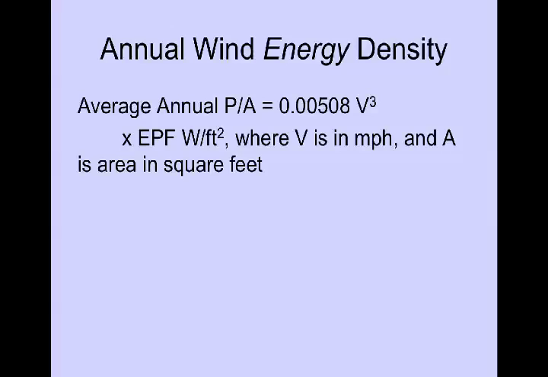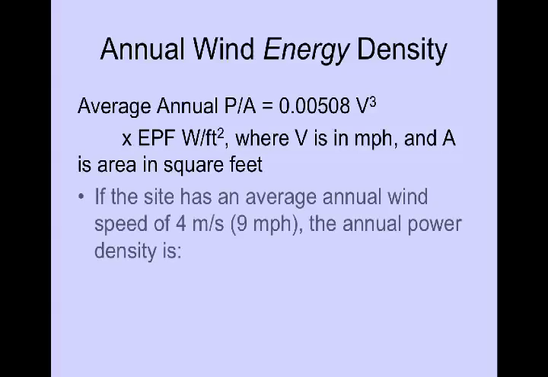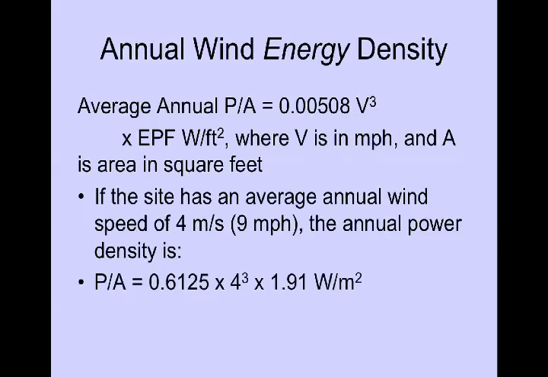The energy pattern factor we'll use most of the time is that from the Rayleigh distribution, which happens to be the number 1.91. So if a site has an average annual wind speed of 4 meters per second, which is about 9 miles an hour, the annual power density is going to be calculated as follows.